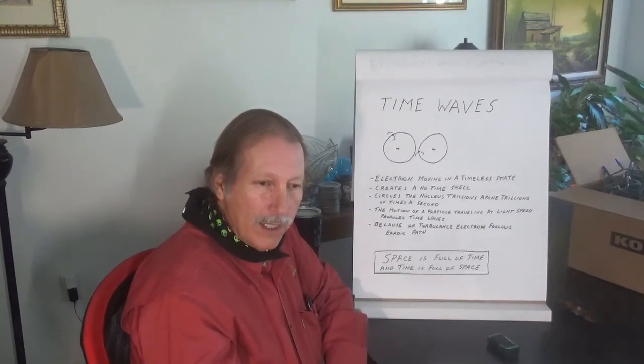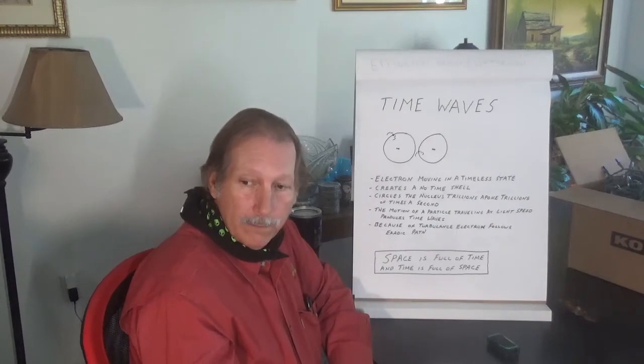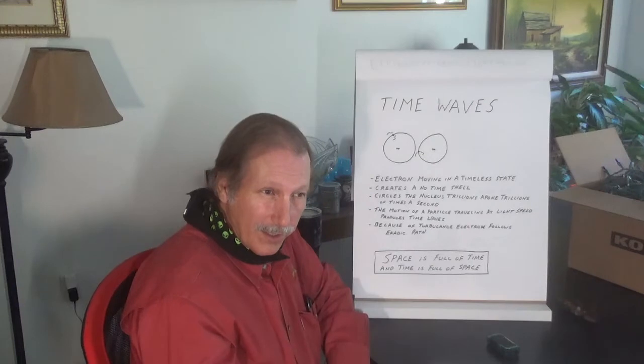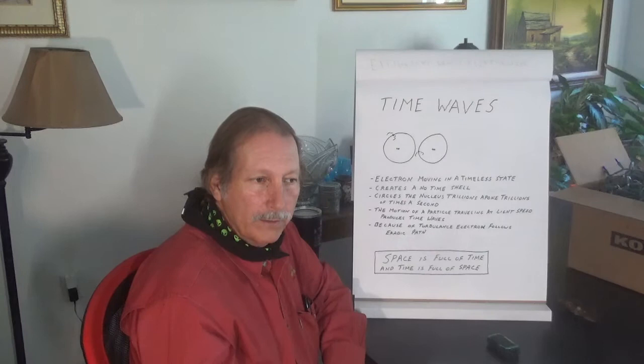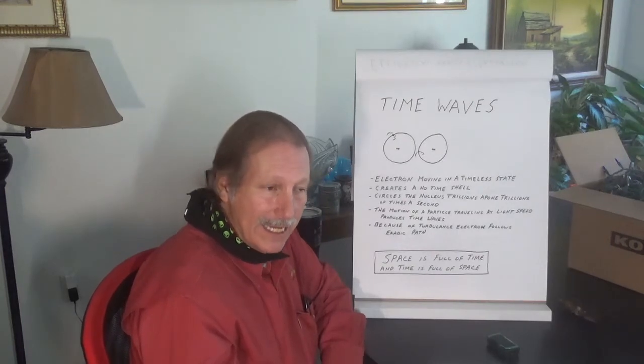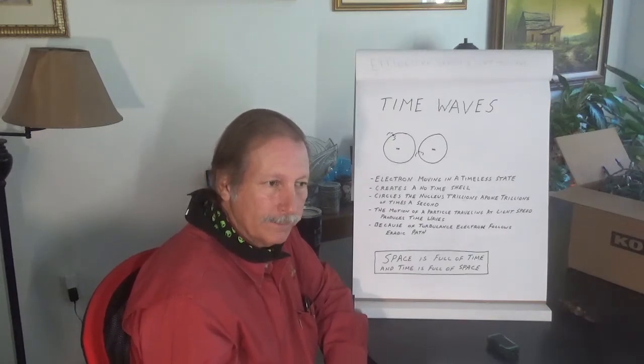A time wave from the sun contacting the atoms in your skin causes the atoms to induce an elliptical orbit, which causes heat, and that heat is what you feel in your skin on a sunny day.